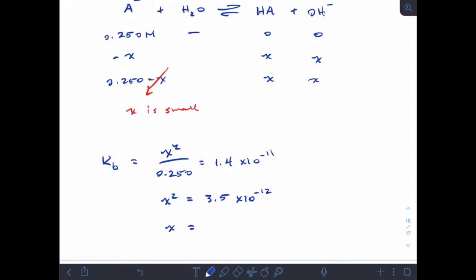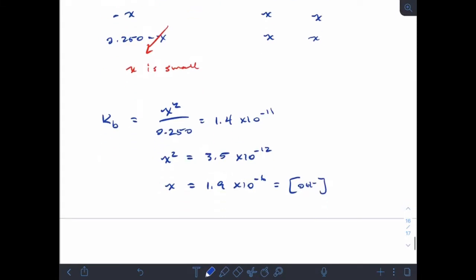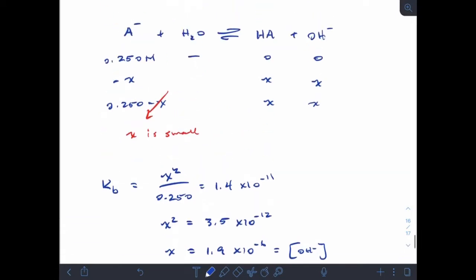So X is 1.9 times 10 to the minus 6, which equals our OH minus. Okay, we find that right here.